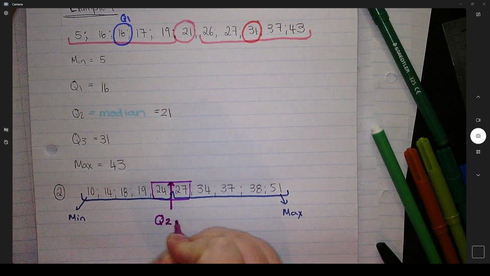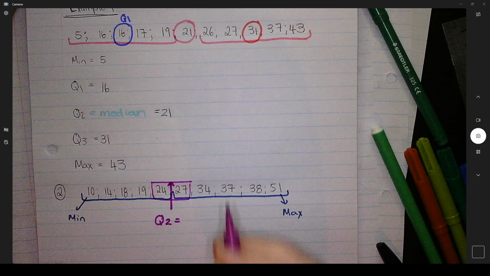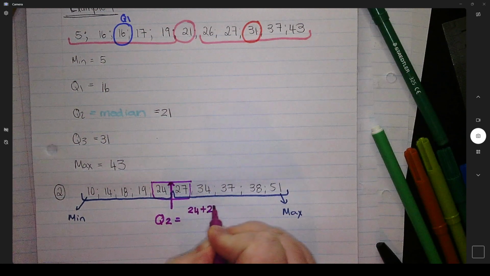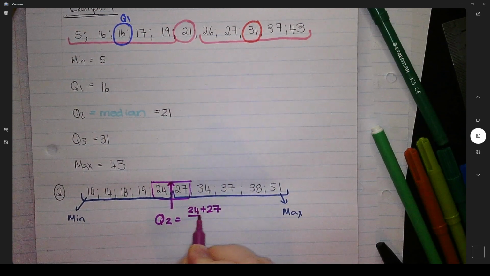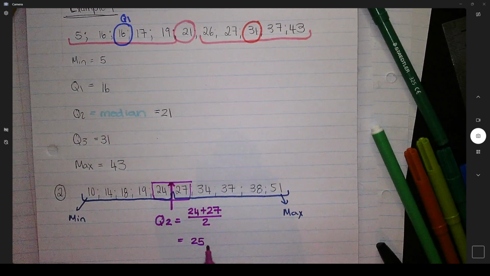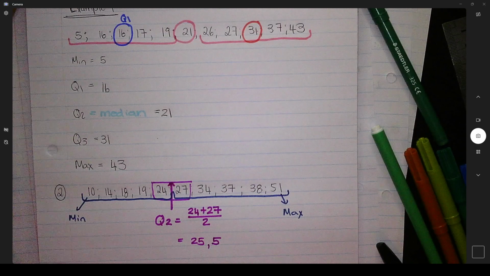So to find quartile 2, I need to find the number that is exactly halfway between these two. The easiest way to do that is to add them together and divide the result in 2. All right? So that is going to be 25 and a half. You can type it into your calculator. All right.